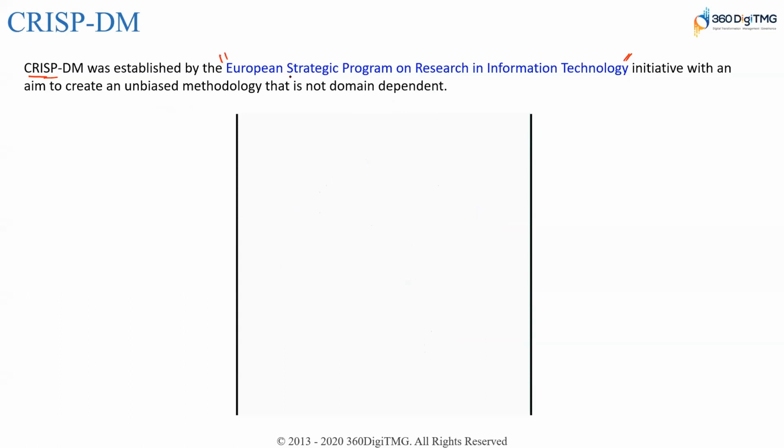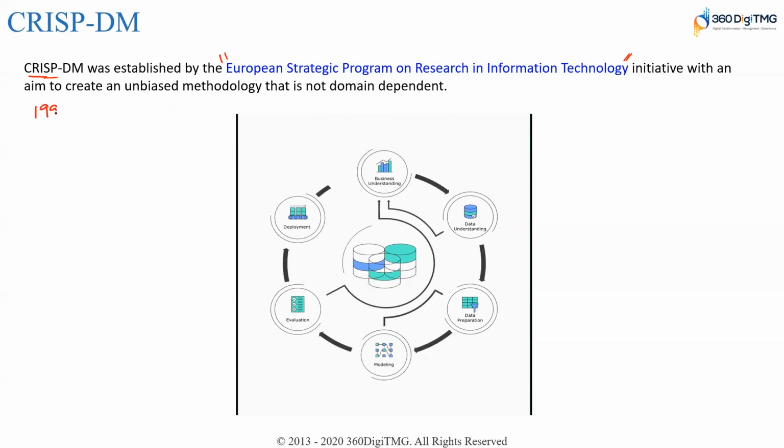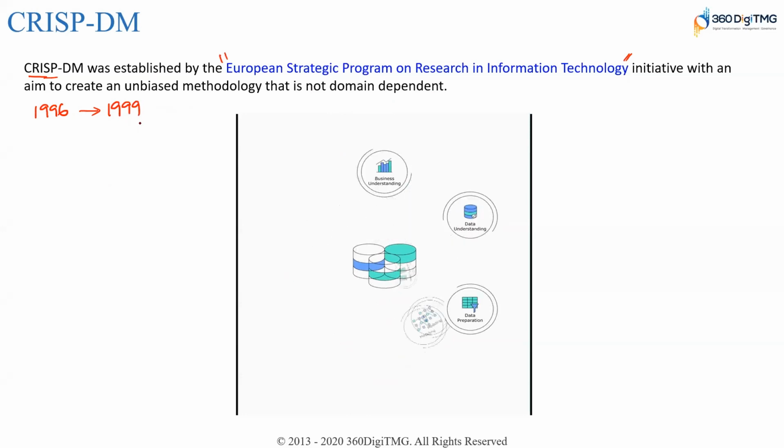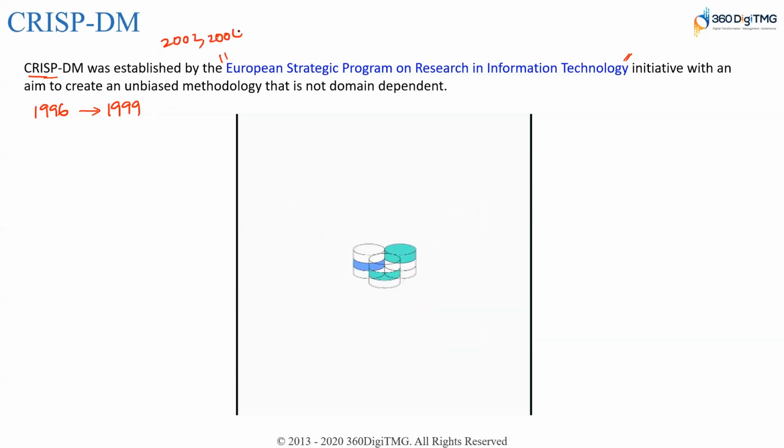And people came up with this in the year 1996. That was when this idea was conceived. 1996. Wow, right? And it was first published in the year 1999. Okay, while I was in my school. And then it was reported as the leading methodology in 3 years: 2002, 2004, and 2007.